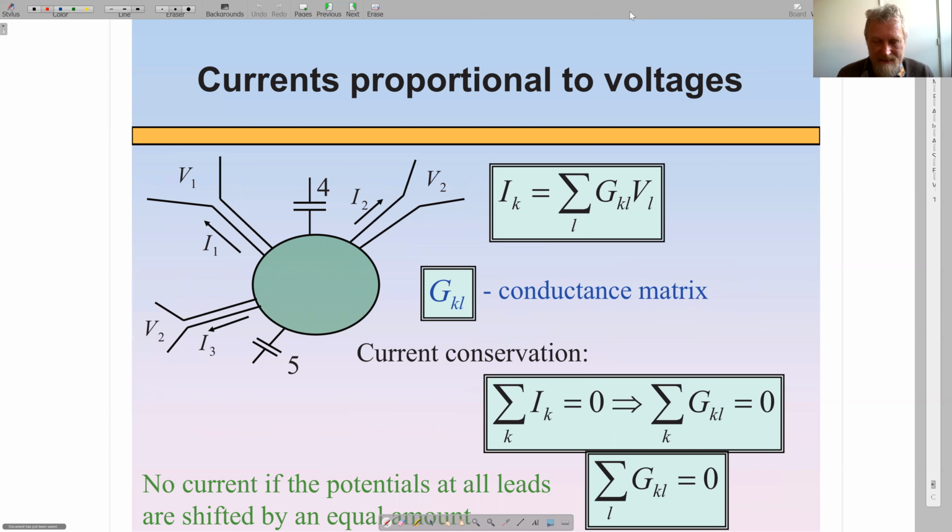Let us restrict to the case of small voltages, where the relation between currents and voltages is linear. Fine, there are n voltages and n currents, so there is a matrix which relates the n voltages and n currents.